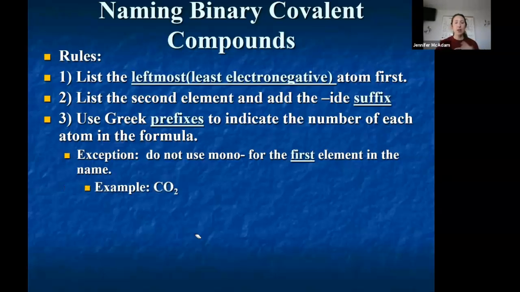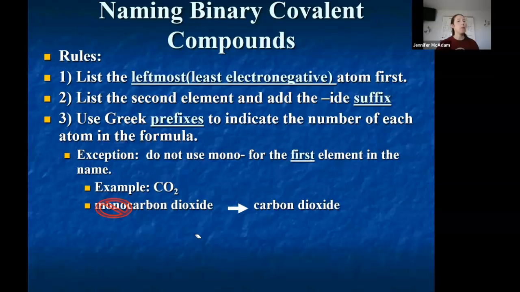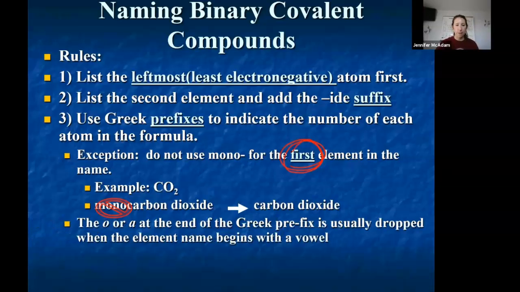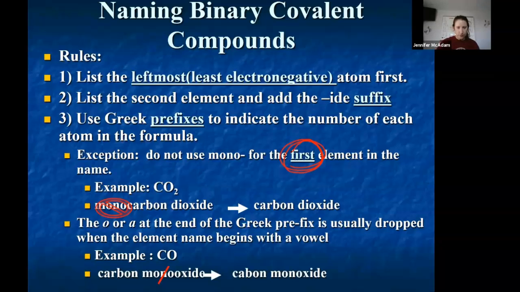Now, what do I mean by that? We've just done this one: this is carbon dioxide, right? We wouldn't call it monocarbon dioxide. So we just don't use mono for the first element. And then sometimes we drop the O or A. For example, carbon monoxide, we don't leave both O's there.